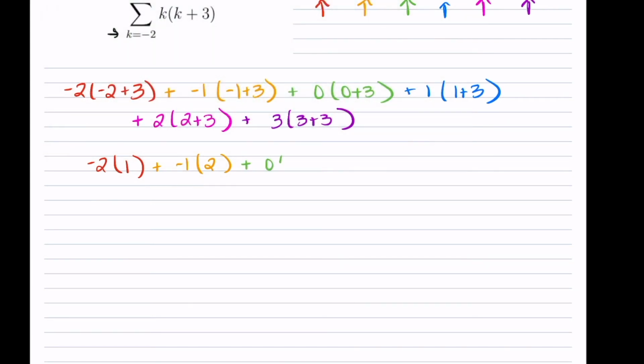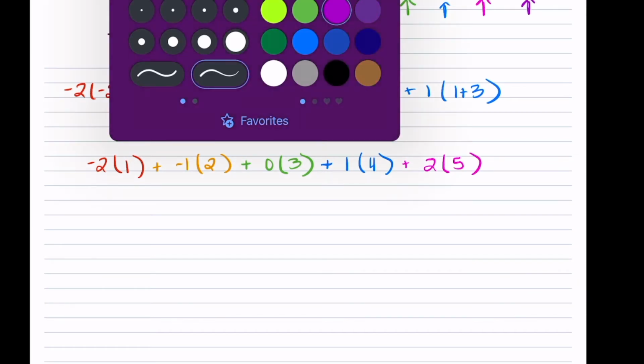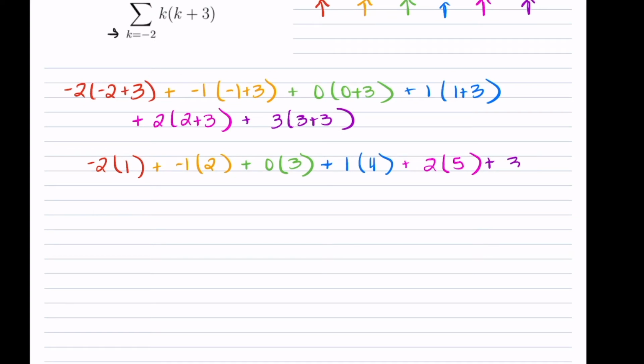Plus 0 times 0 plus 3 is 3. 1 times 1 plus 3 is 4. 2 times 2 plus 3 is 5. And our last one is 3 times 3 plus 3 is 6.